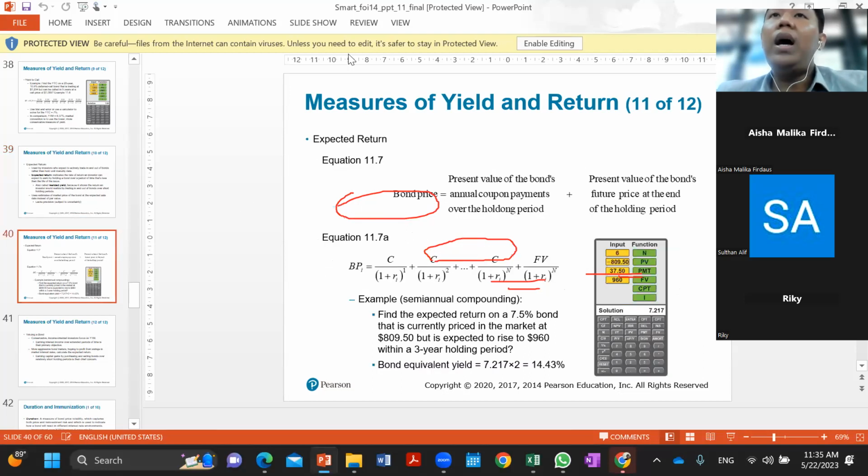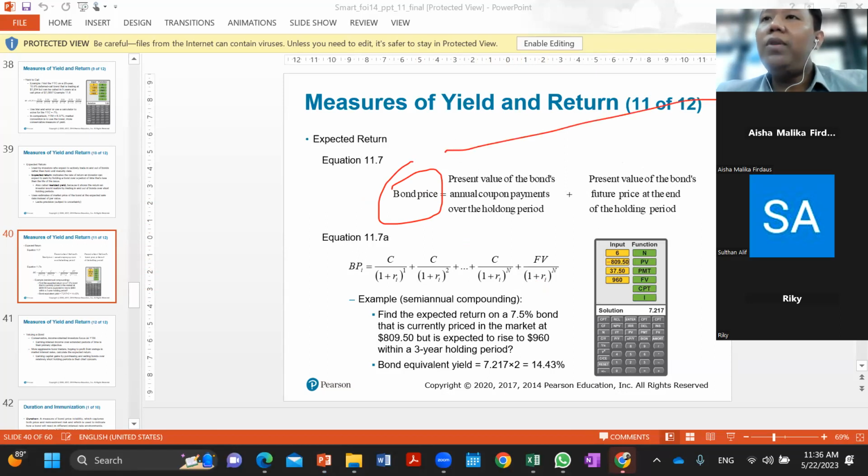Okay, so this is how we calculate the expected return, or equivalently the realized yield. The bond price equals the present value of the bond's annual coupon payments over the whole holding period, plus the present value of the bond's future price at the end of the holding period.